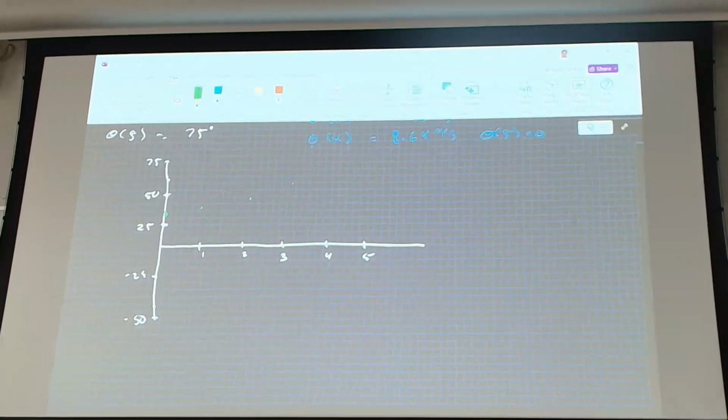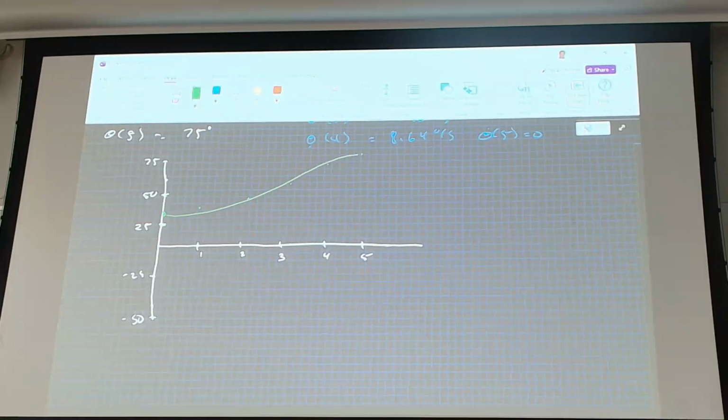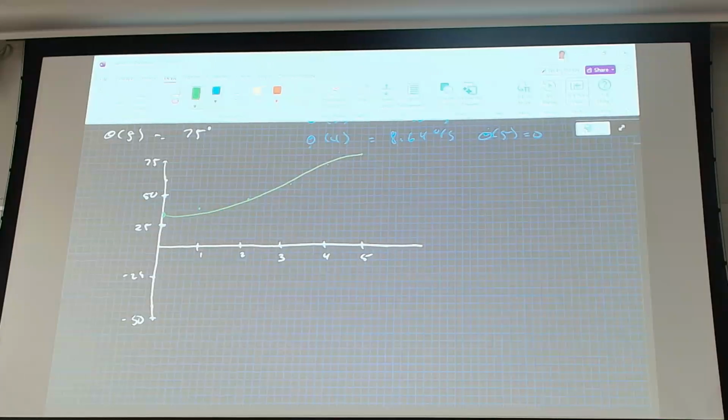At 4 seconds, we're at 70 degrees. And then at 5 seconds, we're at 75 degrees. So we see something that looks like this, which is a cubic all day long. That's the path that's being implemented. It's the trajectory when we look at the duration.